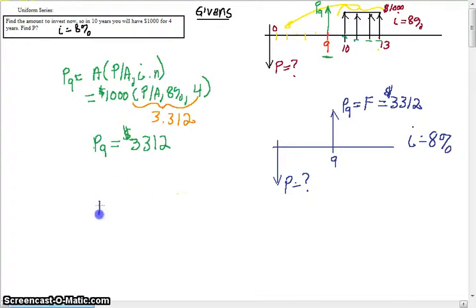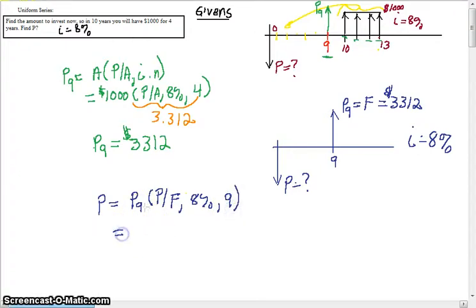If we do that, we find P equals P9, which is also an F, which is find P given an F at 8% for 9 years.